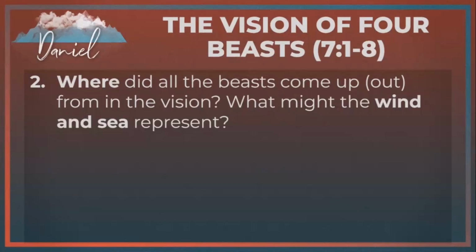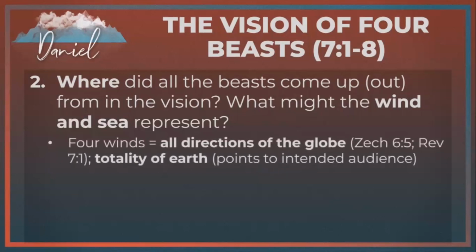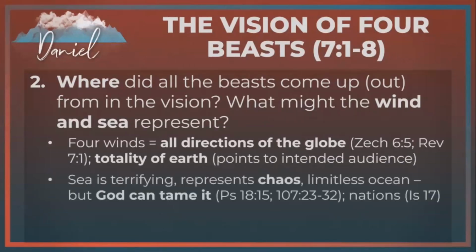So God's going to actually recreate or restore in the end. So we've got four winds everywhere, all directions of the globe. I think we talked about this back in Zechariah, our study there. But really, all of the earth is covered, right? You've got the four directions. So everything's there. This would impact the whole world as we know it too, if that helps with the Aramaic language plus the four winds together.